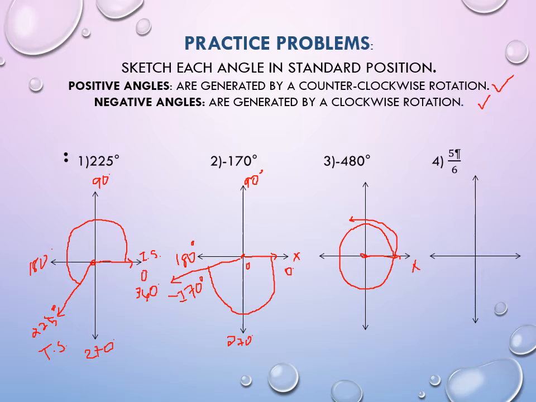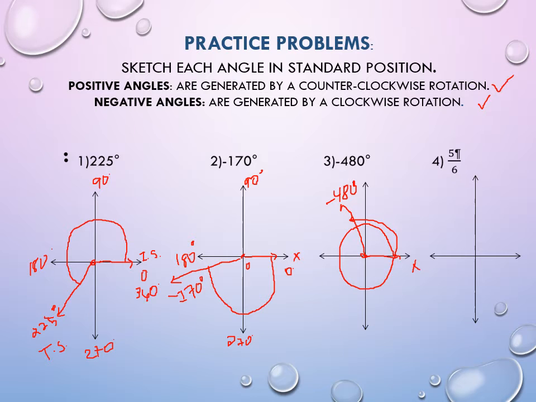So we made a complete revolution, 360. This would be 450 here, and 480 would be 30 degrees more. So we come and add our terminal side here. Let me fix this one a little bit. And this should be our negative 480 standard position of this angle.